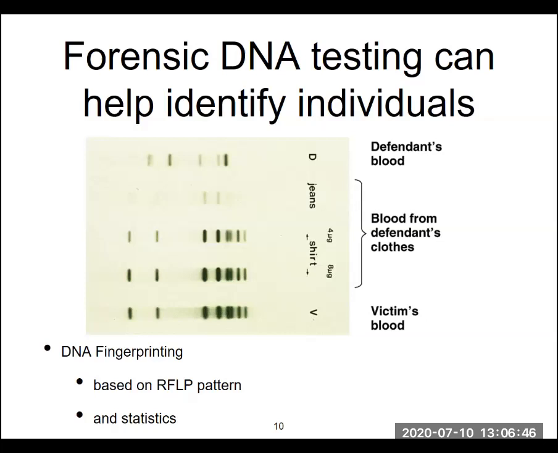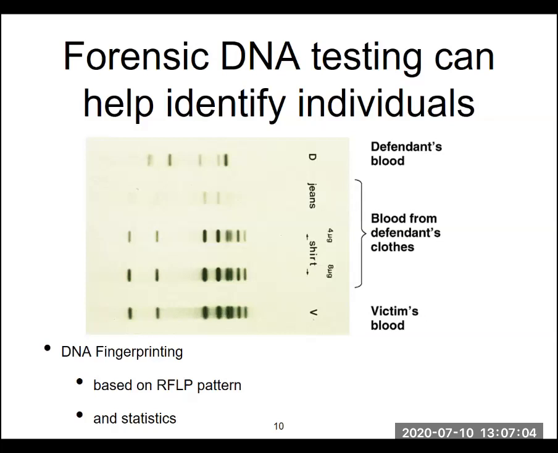And so if we take a look at the bloody shirt that this person was wearing, we ask, does this pattern of DNA fragments match up with the defendant, or does it have some similarities to the victim?